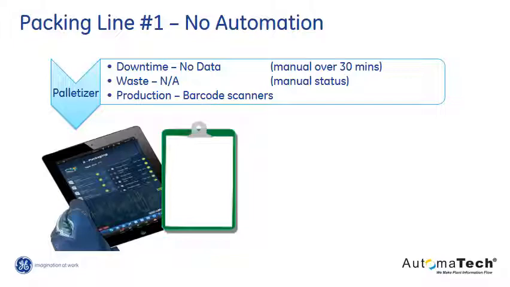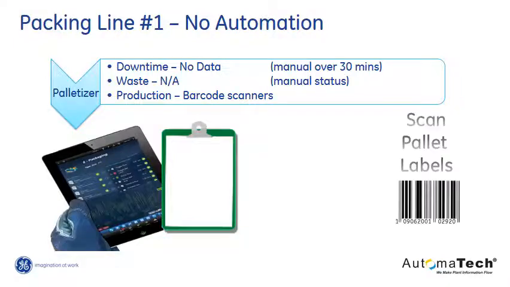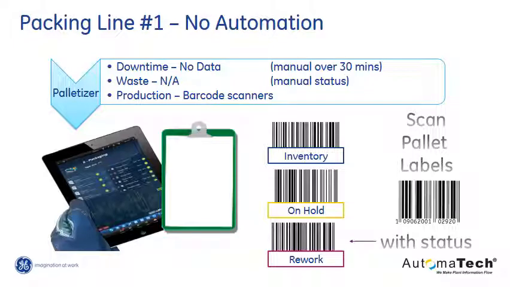Similar for waste, we don't really have waste per se, but moving on to the production barcode scanners, every pallet that's created produces a label, we put it on there, but why don't we scan that label into the system and also include a status so they can scan whether it's going into inventory or if it has to be put on hold and so on.